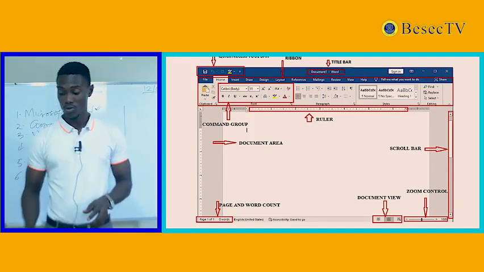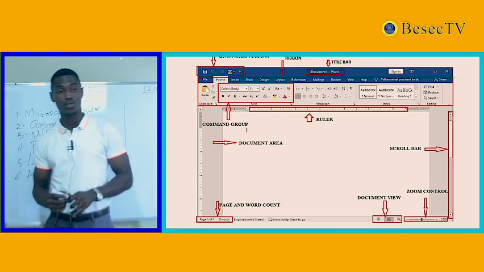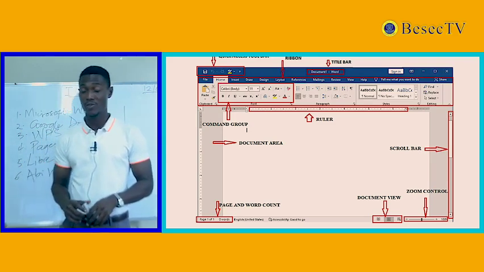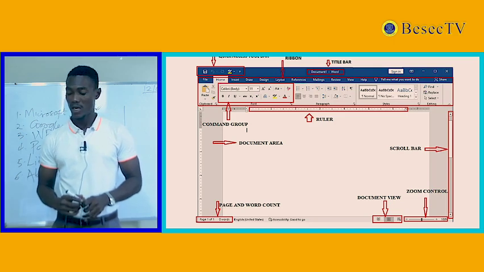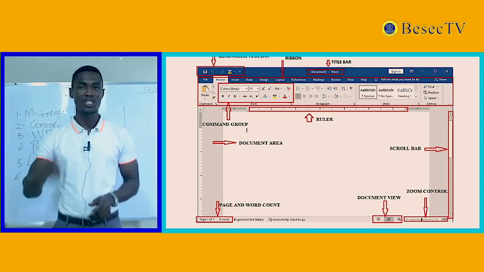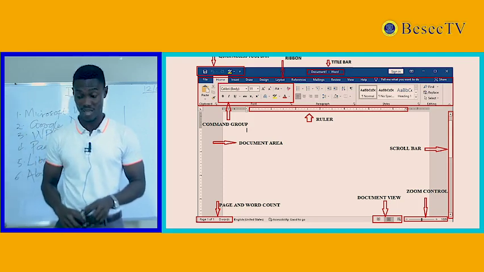So you notice where the title bar is, and on the title bar, what you are seeing is Document 1. And you're also seeing Word. And the definition of title bar is telling us that it displays the document name, and also displays the application or the word processor application name that you are using at the moment.